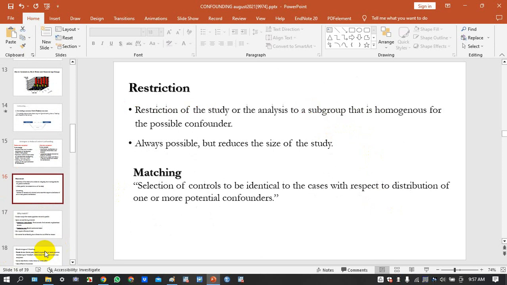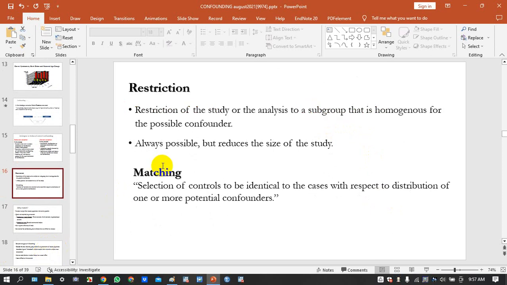We will get there. So restriction, as I said, is restriction of the study or the analysis to a subgroup that is homogeneous for the possible confounder. And initially I said that if you restrict alcoholics and others, it will end up giving you what? A limited or small sample size, and we even need more participants. People don't want to partake in the research because the incentive you are giving them is too small.